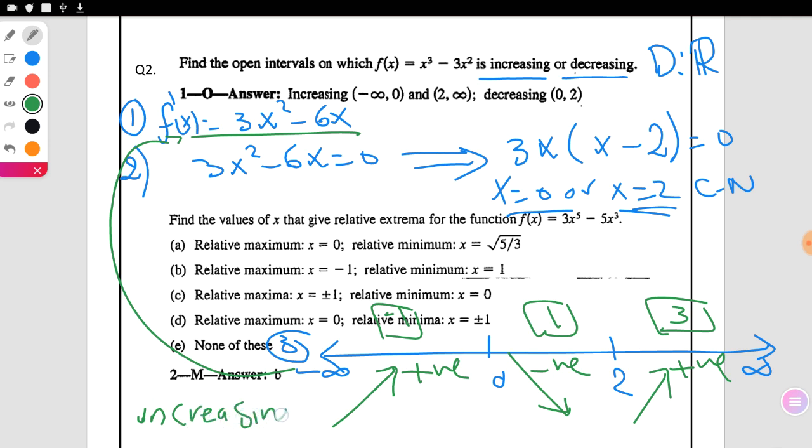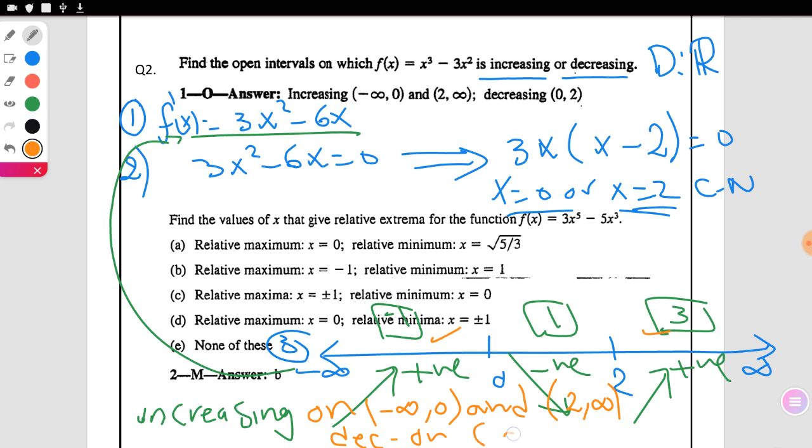In this case, the function is increasing on which interval? On this interval and this interval, which is negative infinity to 0, and the second interval is 2 to infinity. But the function is decreasing on the open interval 0 to 2.